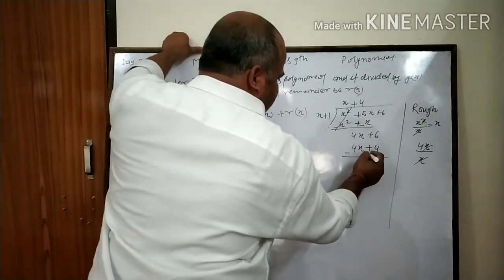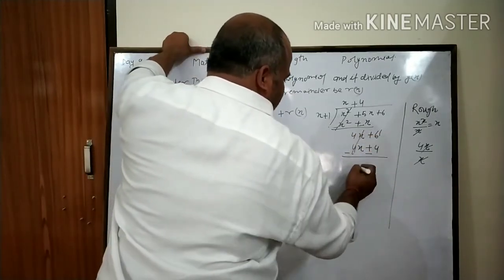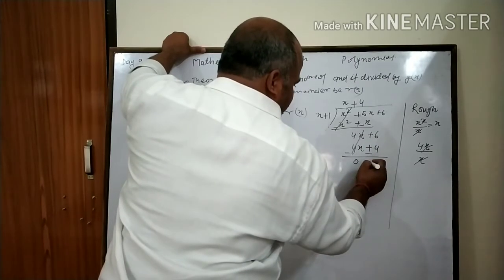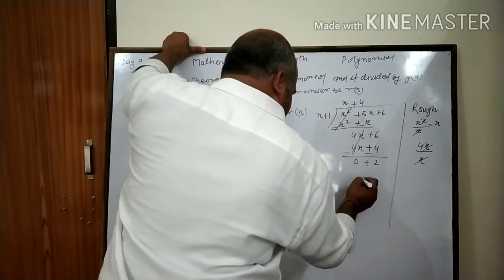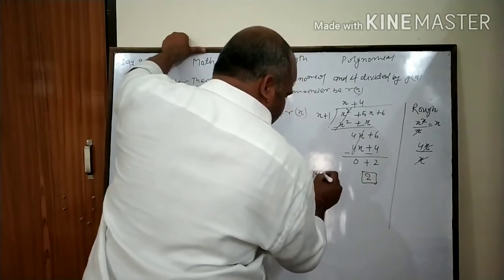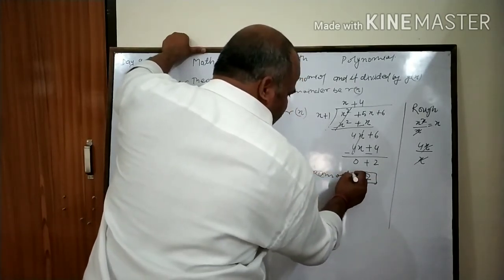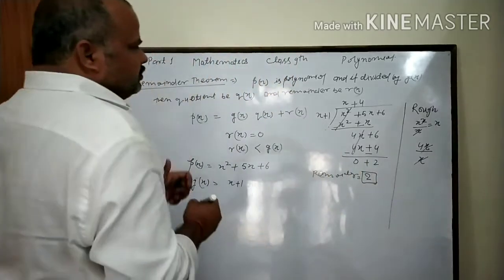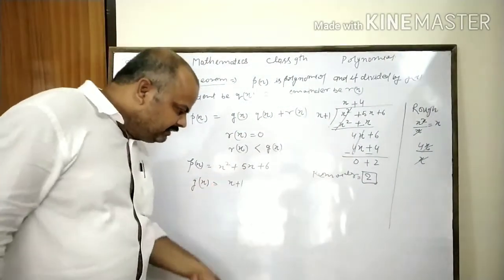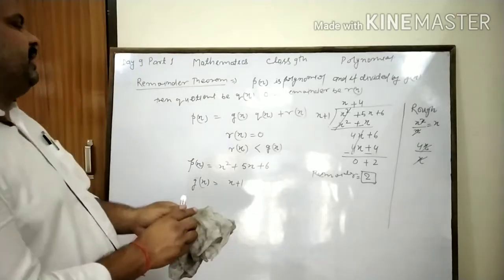Now subtract it. It will be 0, and plus 6 minus 4 it will be plus 2. Then the remainder is plus 2. Clear?